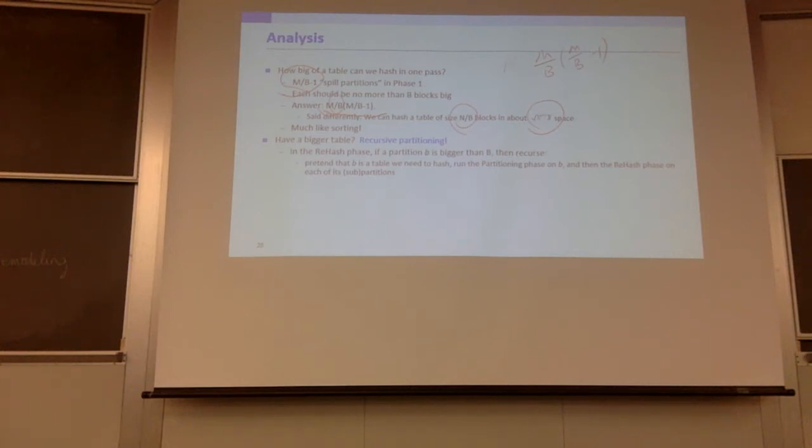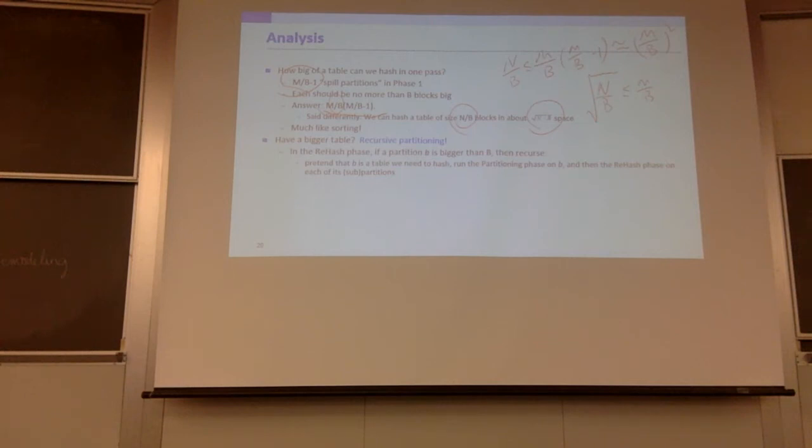So that means N over B needs to be smaller than or equal to that number. And since your memory buffer pool is typically large, we can just approximate that by M over B squared, right? So if you do that, basically that means M over B is greater than or equal to the square root of N over B, right?